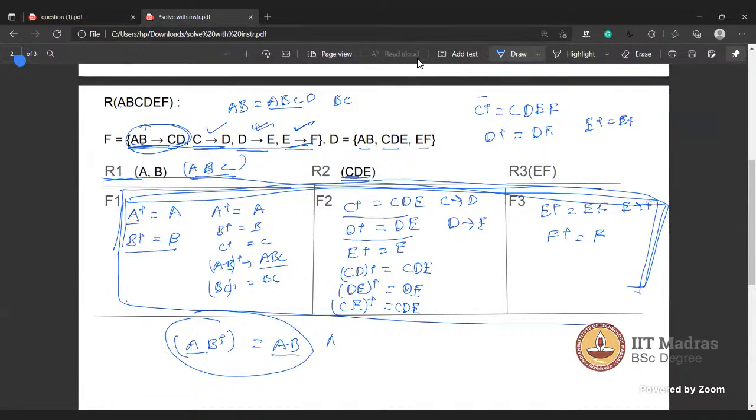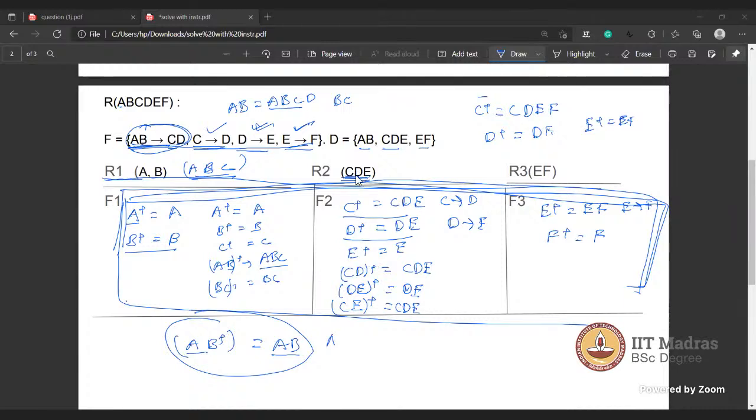Yes. From C we can determine D also. So AB determines CD. Means to preserve it, R1 should have CD both components, or R2 should have AB both components, right?